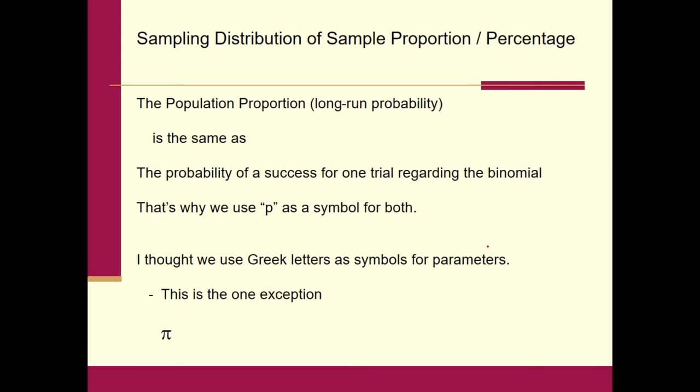We already sort of used that in math already. So statisticians said, maybe we can't use pi here for the parameter. We've got to use something else here. That's going to confuse students and people. And so what we've decided to do is to use lowercase p for the parameter and p hat for the statistic. That's all, okay? And so it's our one exception.